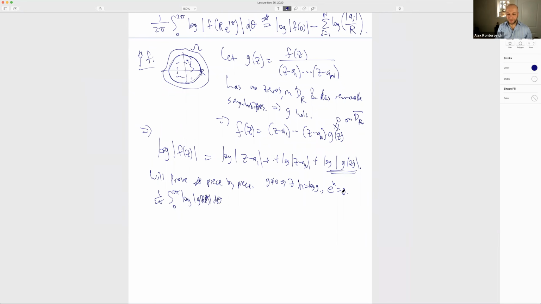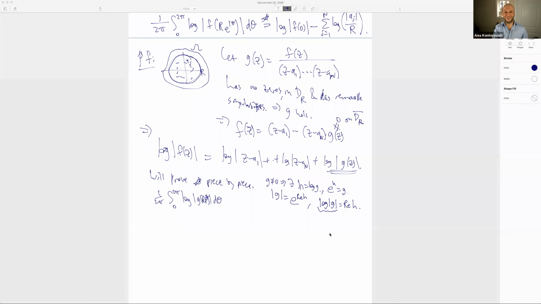Okay, so g is e to the h. What is the absolute value of g? e to the real part of h? Yes, awesome. There's a real part and there's an imaginary part, but e to the imaginary has absolute value 1, so it's just the real part. In other words, log of absolute value of g is the real part of a holomorphic function. And what do we know about real parts of holomorphic functions?